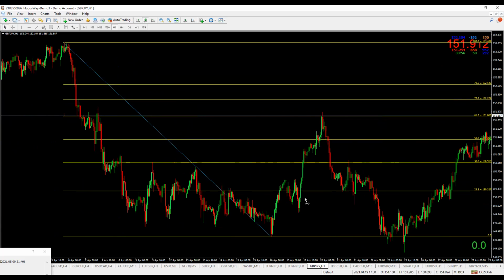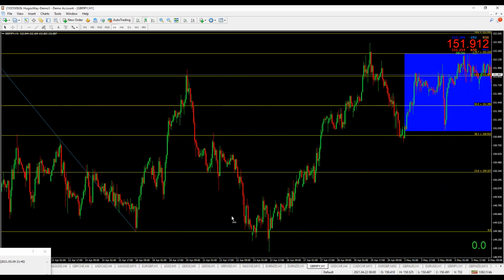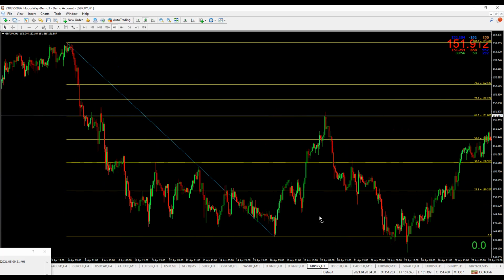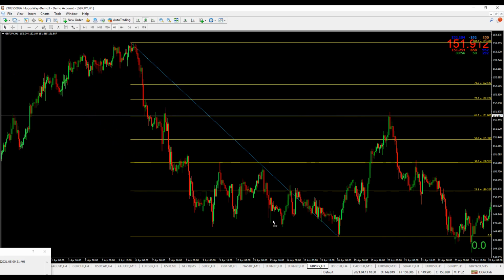Now, that would not be the best way to use the Fibonacci. You know why? Because you've skipped all these previous lows, which could have been used. All these previous lows should not have been neglected. And you can see here that price is far away from the Fibonacci trend line.